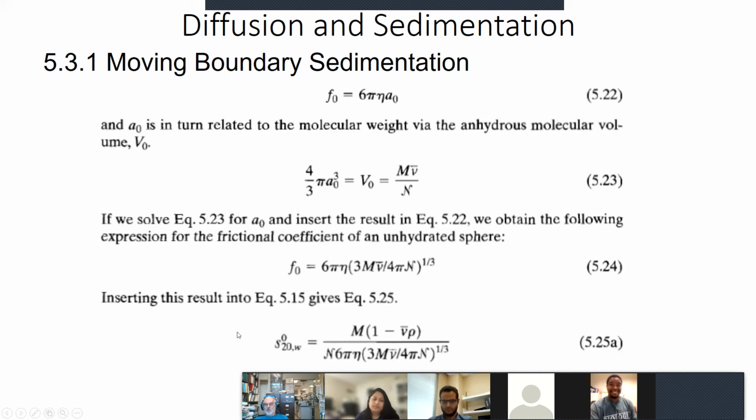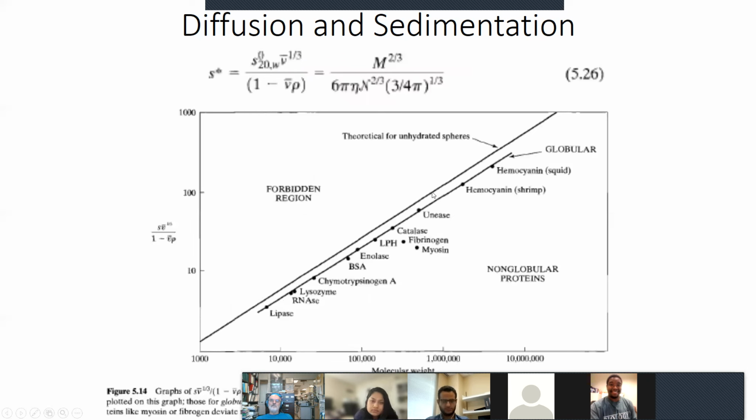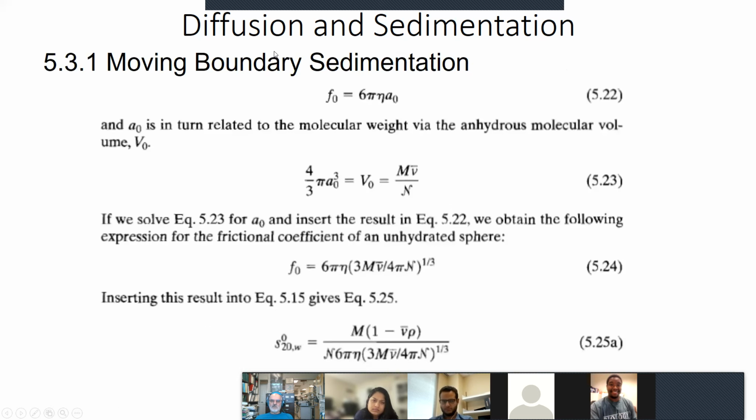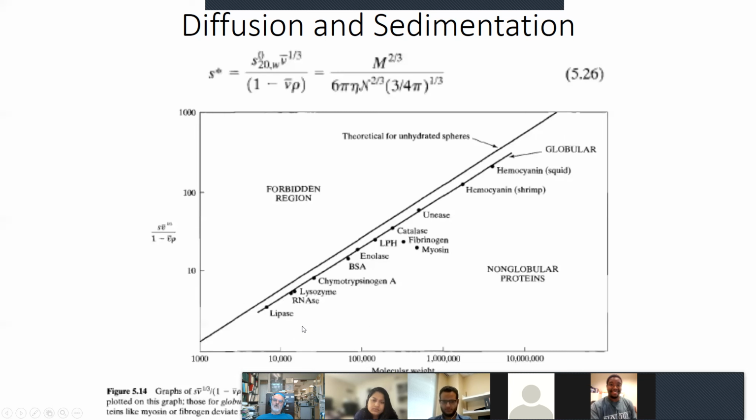And so this is the equation that we come up with. Then if we move some terms around and take S V to the minus 1/3 divided by the buoyancy term, these are all basically experimental values. If you go back over here, you can see where this is coming from. We're moving stuff from the right over to the left to come up with a slightly different equation.